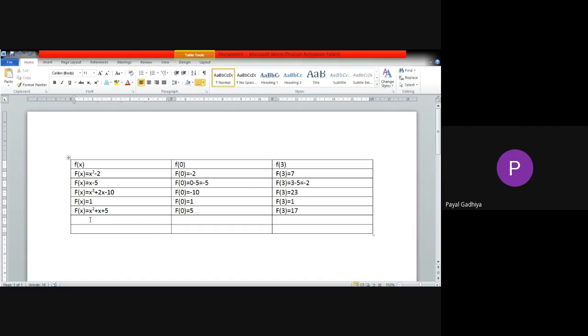So the next one is Darshika. Darshika, am I audible to you? Yes, ma'am. Okay, give the function. f of x is equal to x square minus 4. Then what will be f of 0?